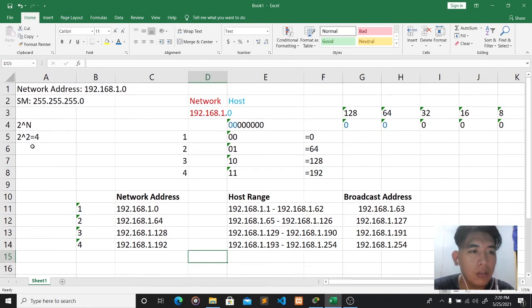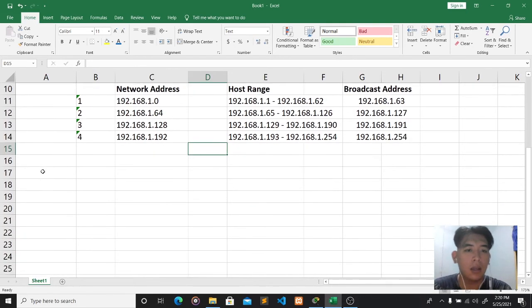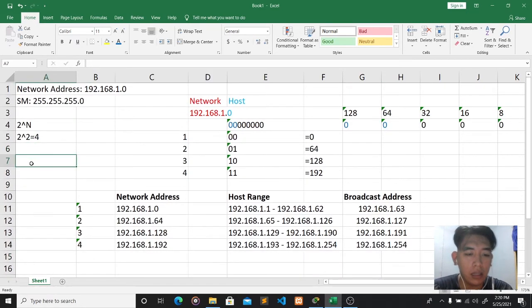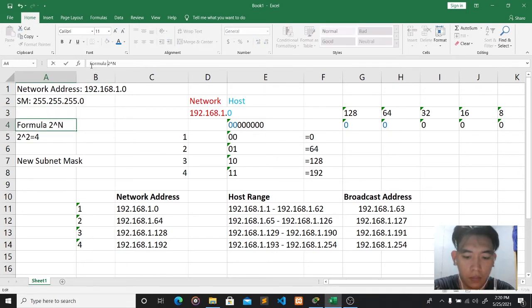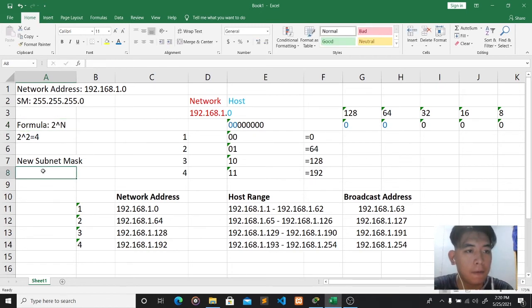So since nag-borrow tayo ng 2 bits at ang default subnet mask natin is 24, i-add lang natin 24 plus 2, since nag-borrow tayo ng 2 bits, it is equals to 26.